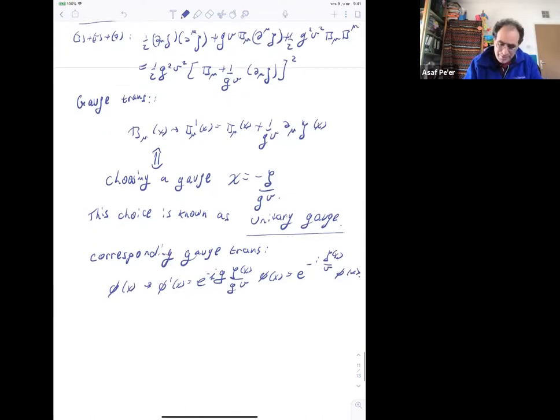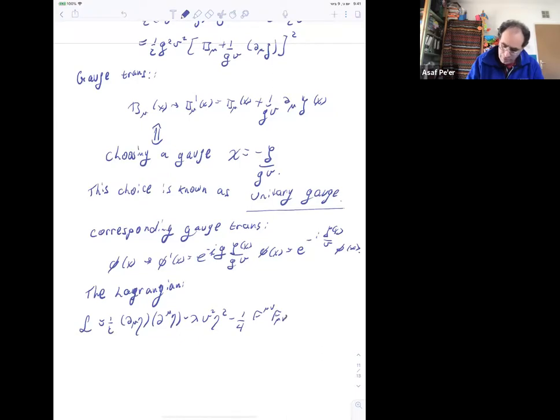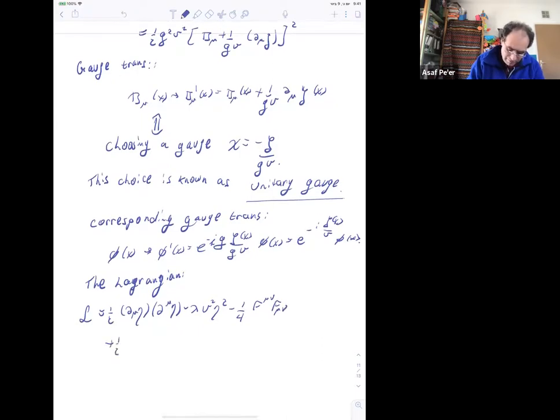And when we do that, we can write down the Lagrangian where L is 1/2 d mu eta minus lambda v squared eta squared minus 1/4 F mu nu plus 1/2 g squared v squared B prime mu B prime mu minus interaction.